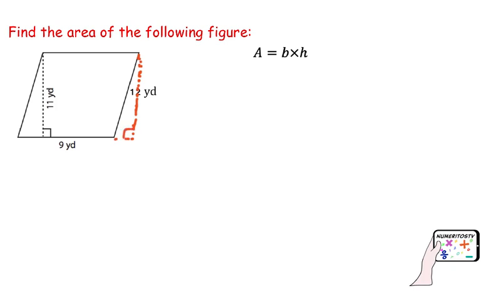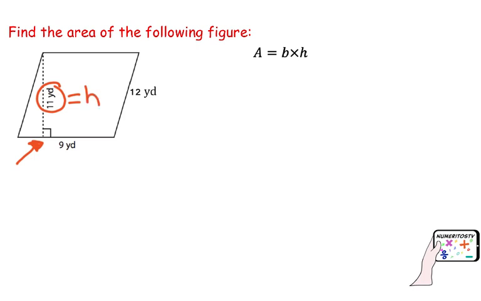In this case, we can see that it is drawn here in the middle. That is 11. How do we identify that 11 is the height? Remember that the height is always perpendicular to one of the bases. So that little square represents a 90-degree angle, so 11 will be our height.